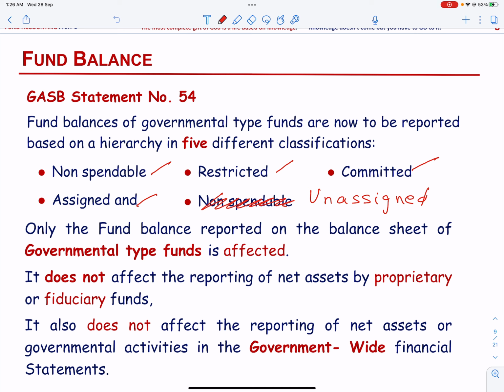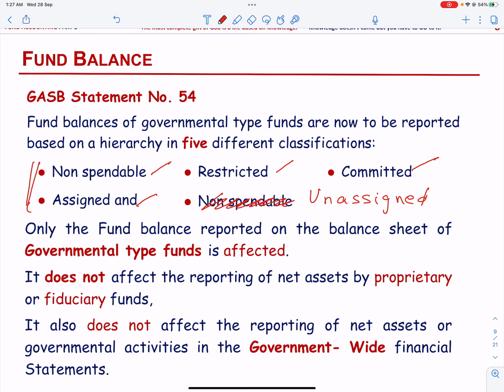It does not affect the reporting of net assets by proprietary or fiduciary funds. It does not affect the reporting of net assets of governmental activities in the government-wide financial statements. We will talk about proprietary and fiduciary funds in later videos, but right now we are going to talk about fund balance identified between non-spendable and spendable resources.